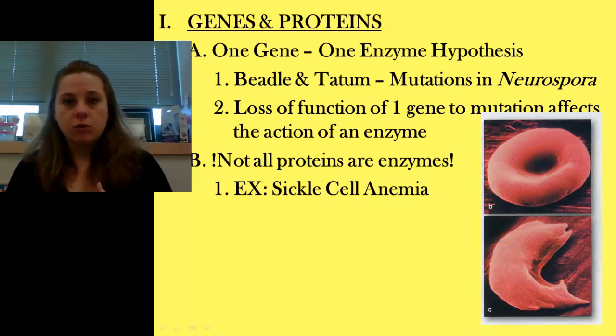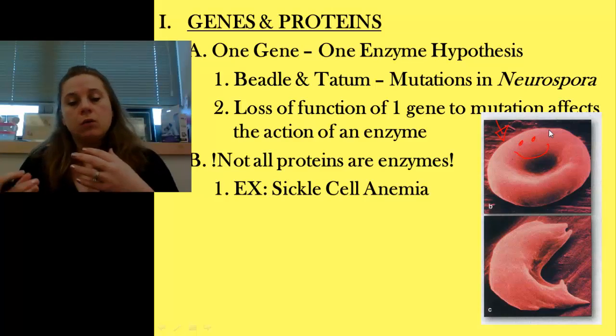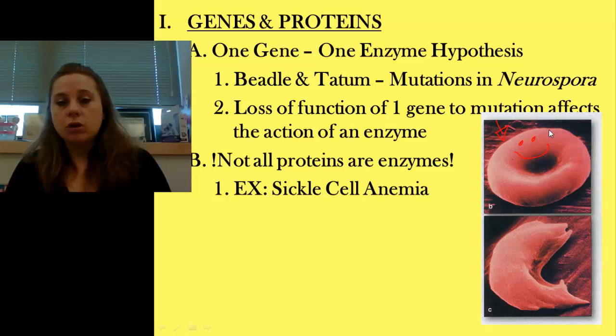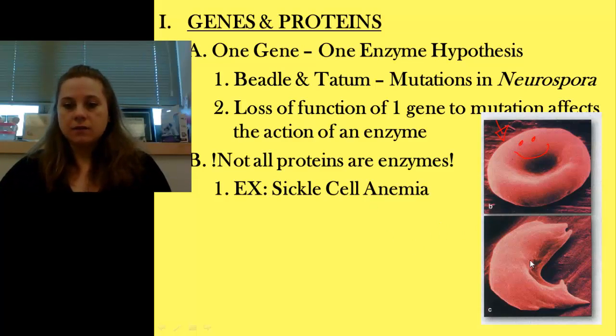We have our hemoglobin, which is the protein that binds to oxygen in the red blood cell, and when you have a working red blood cell, it looks just like this, okay? So very, very happy red blood cell. Well, when the hemoglobin is affected and isn't structured properly, it gets really sticky, can't bind to oxygen, and as the cells work their way through, they create this sickle shape. So this is a not so happy red blood cell.